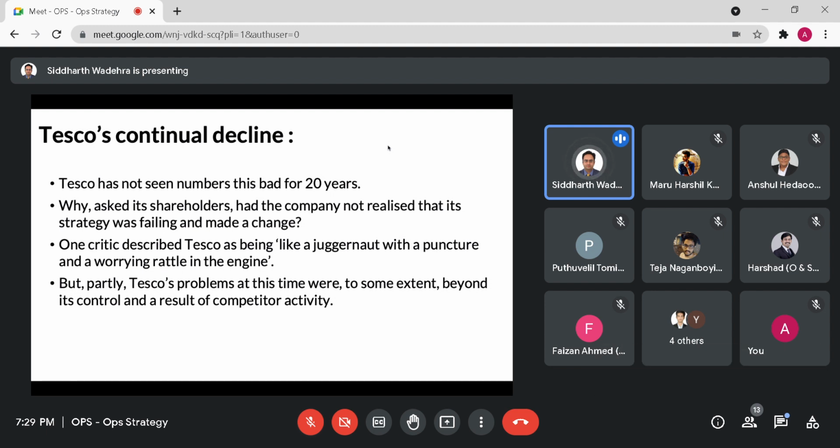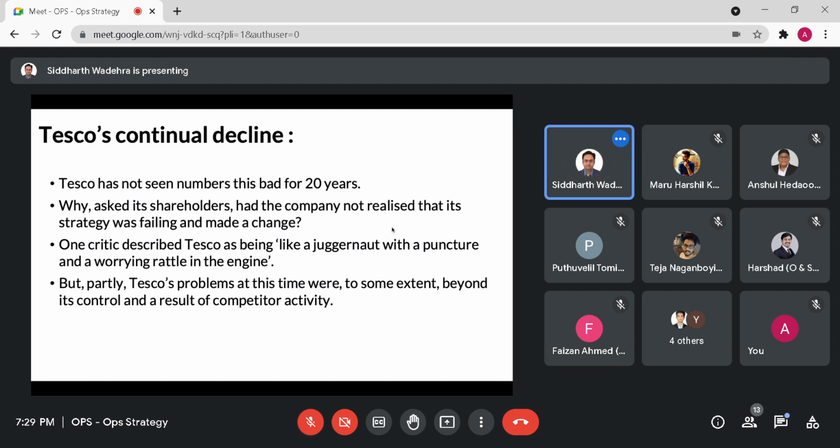One critic described Tesco as a juggernaut with a puncture and a whirring rattle in the engine. So it's a market leader which has a puncture and the engine's kind of conking out.